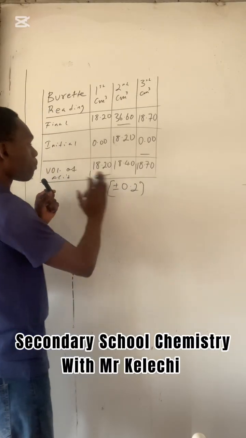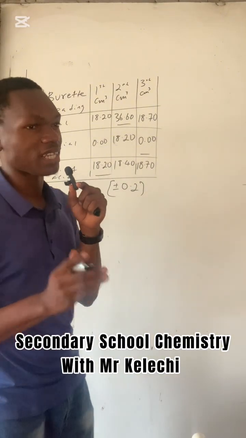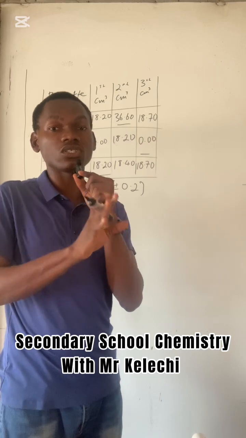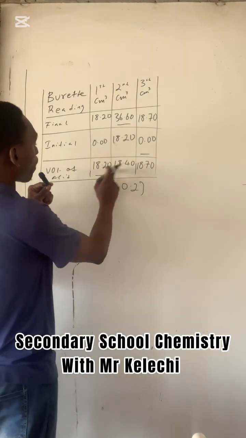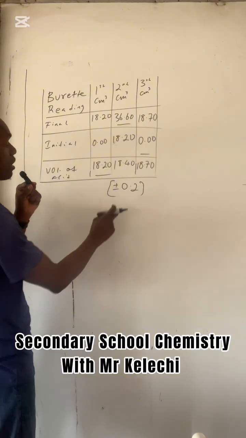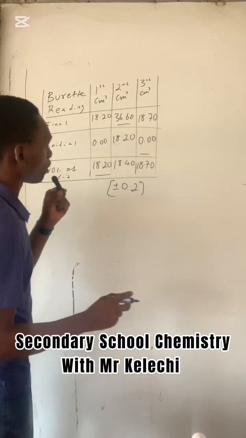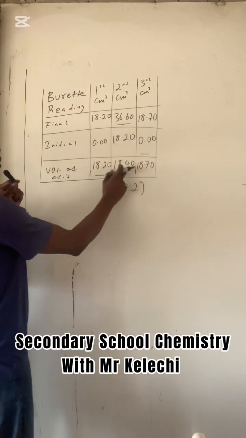So any value that is not within plus or minus 0.2 of the others, know that there's an error there, or it is not acceptable, or it is not in concordance with the other values. So let's see which of them is odd. Odd in the sense that it is not within 0.2 from the others. If you look at the first and the second, they are within 0.2 from each other.